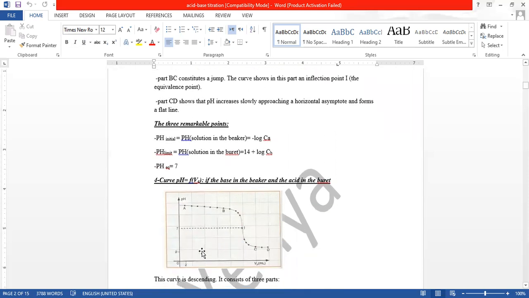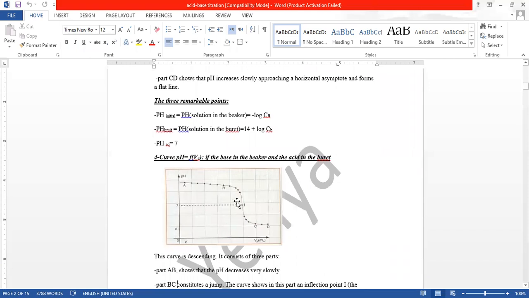In the second case, the base is placed in the beaker. So the curve pH = f(VA) is a descending curve, consisting of 3 parts. In the first part, pH decreases slightly. In the second part, pH decreases rapidly. And in the third part, pH decreases slightly to form a plateau.